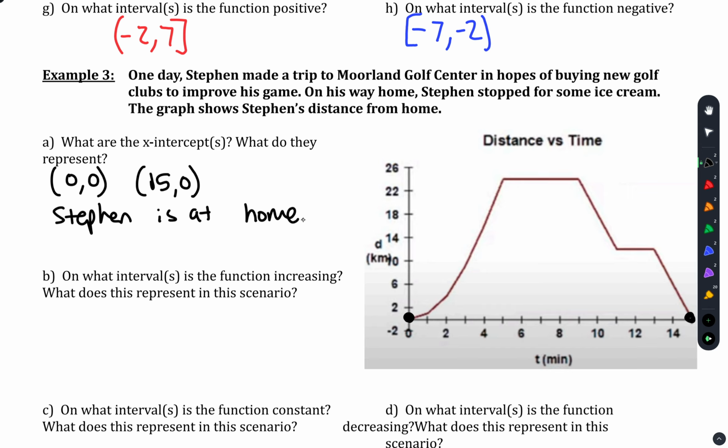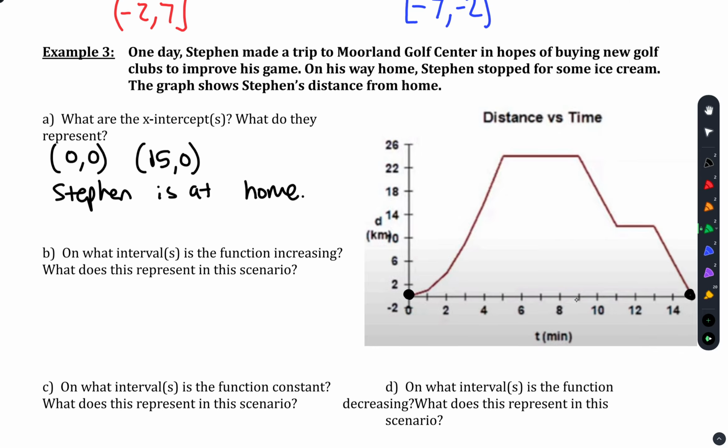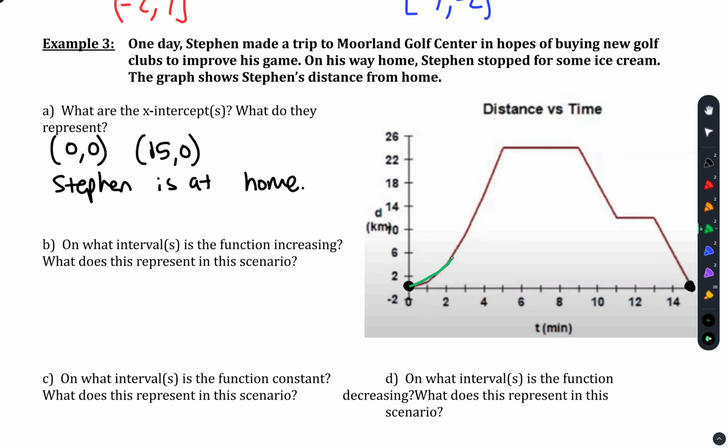The next section, letter B, says, on what intervals is the function increasing? Does somebody want to tell me what that increasing interval looks like? Jaden? 0 to 5. And what does this mean in terms of what Stephen's up to?